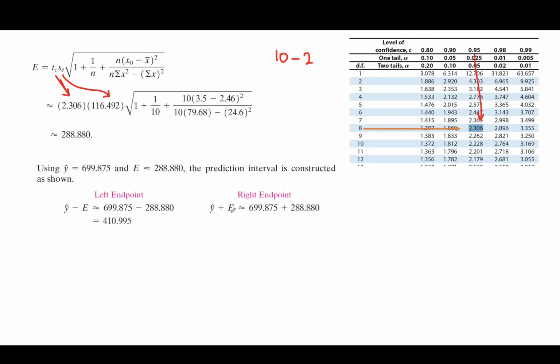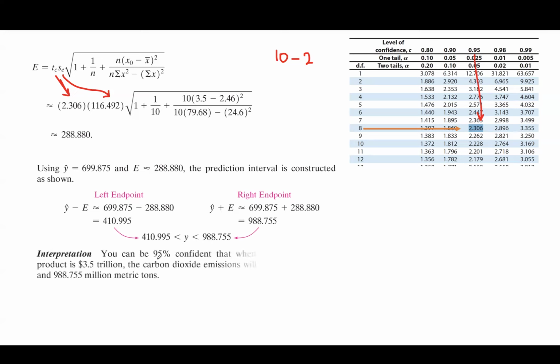So basically, the left endpoint is 410.995, and on the right side, you have 988.755. So you can say that I'm 95% confident that my y value is between these two numbers.